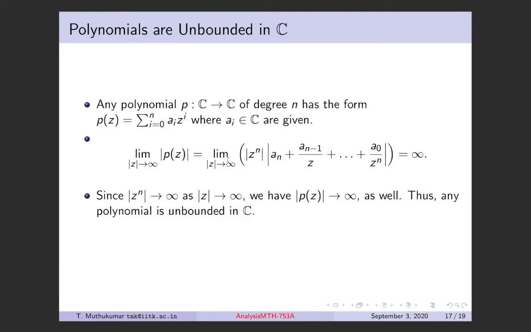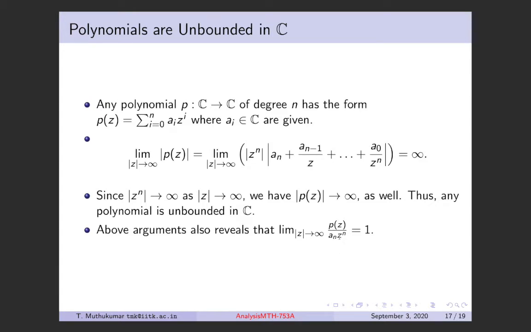Which means any polynomial is unbounded in C. So they blow up. This is another way of looking at the fact that polynomials are unbounded. Like you know that whenever z goes to infinity, z to the power n goes to infinity.